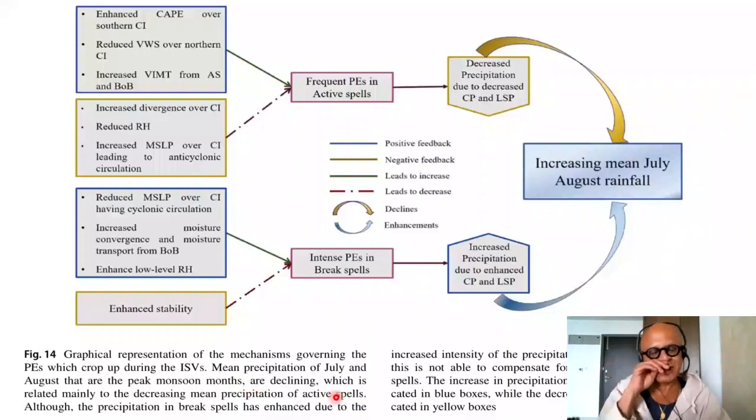So we already talked about the decreasing monsoon over the last several decades, and potentially related to land not heating as much as the ocean because of the pollution, solar dimming, aerosols, and so on, which is related mainly to the decreasing mean precipitation of active spells. So this puts a slightly different twist to it, in the sense that the solar dimming or whatever other process is invoked for the trend, the downward trend in the mean monsoon, is coming from declining mean precipitation during active spells.